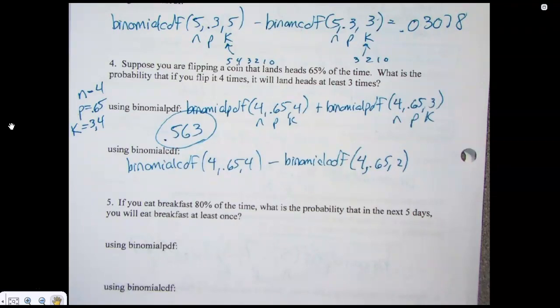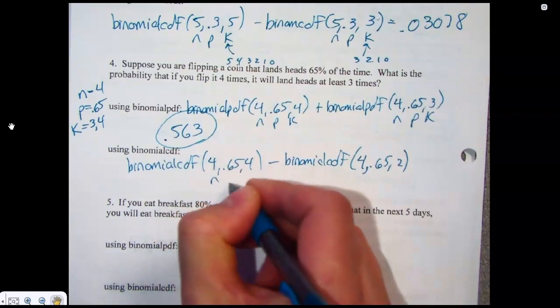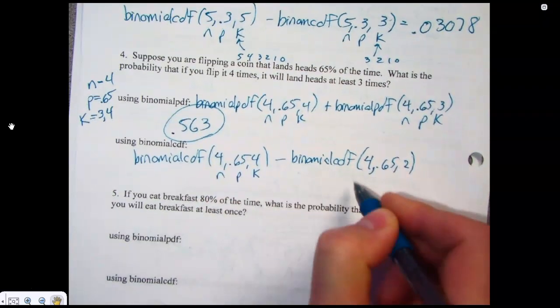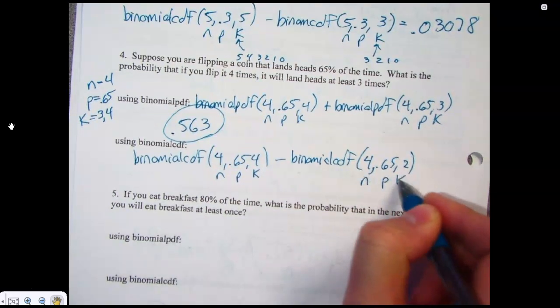How many got 0.563? Wait a second. You still working on it? Just type it. Did you do PDF or CDF? You said at least 3?